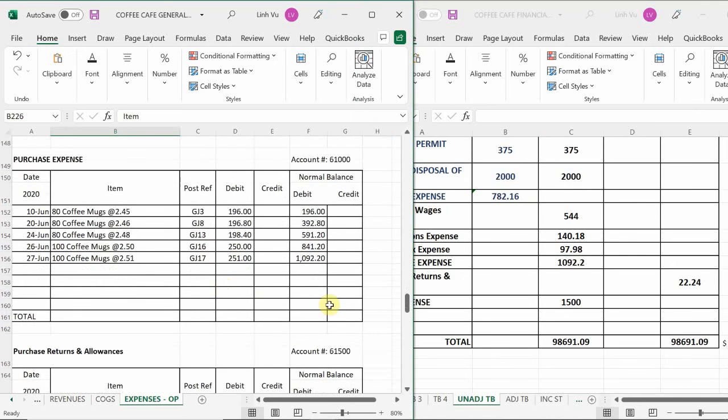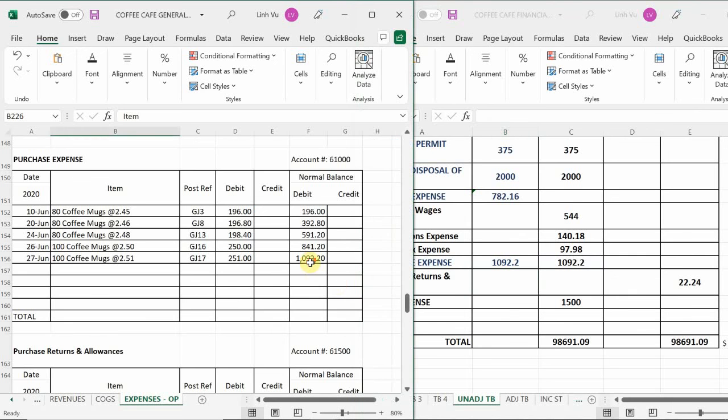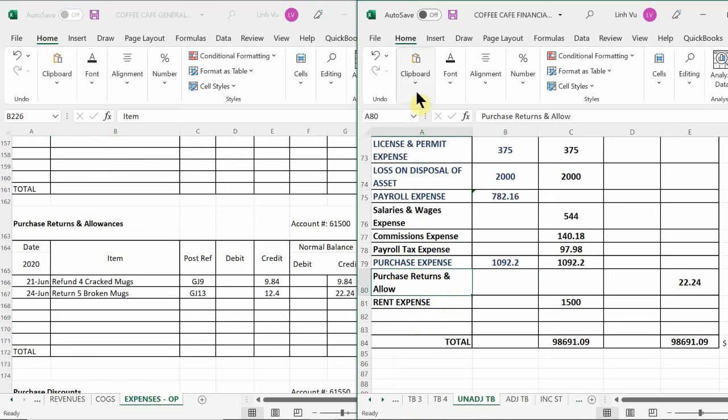Next, we have purchase expense, which is at $1,092.20. Okay. Now this account here, purchase returns allowances. Once again, it's the same idea. It's a contra main account.